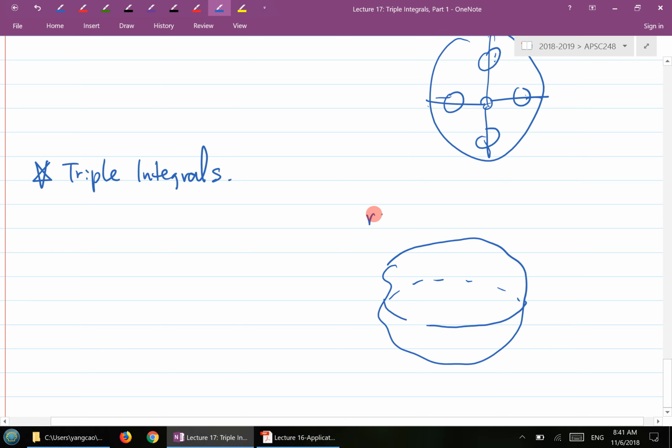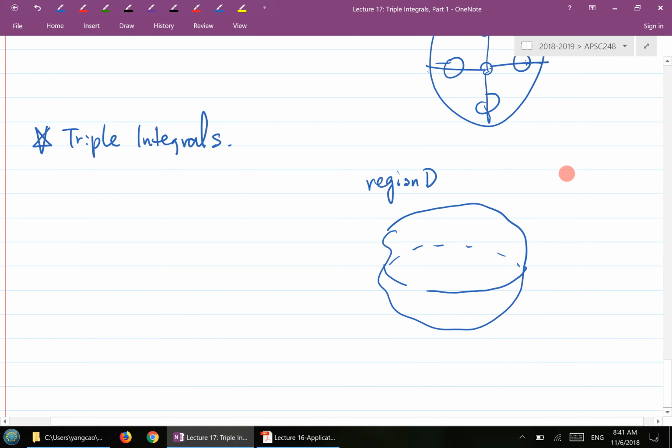Instead of a flat region R, we now consider a 3D region D. Now this region D, in our case, needs to be bounded. It's not an infinite region D.